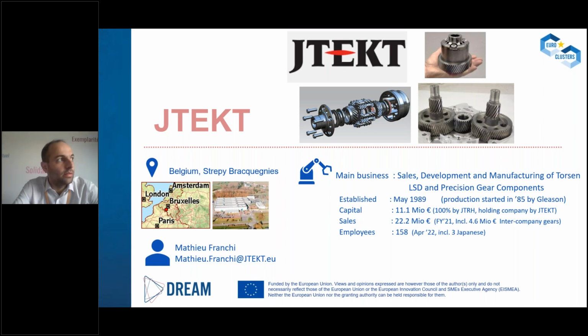On the Belgium side, we are able to design our own differential, to manufacture all the components inside the differential and to sell them mainly to OEMs. The company was established in 1989, and we have a turnover of around 22 million euro.